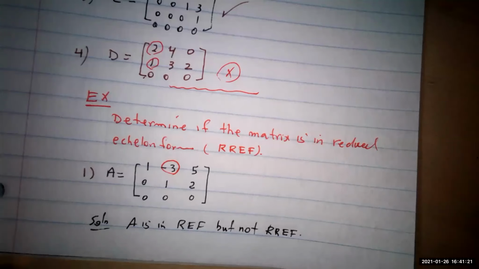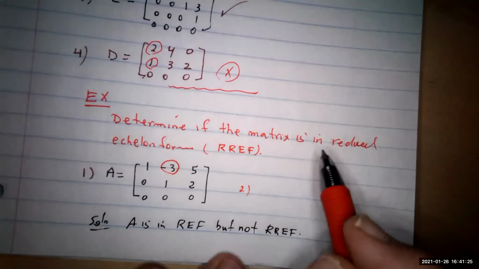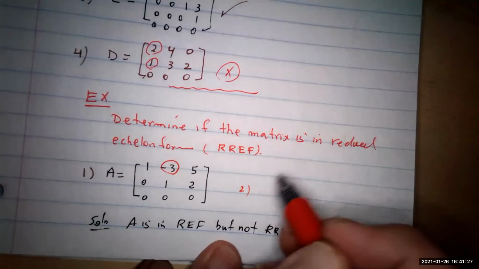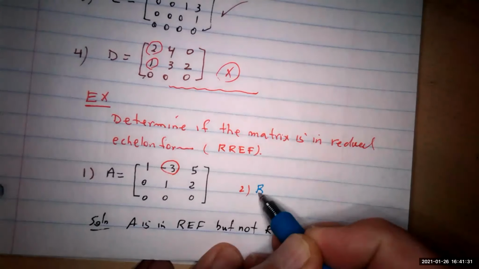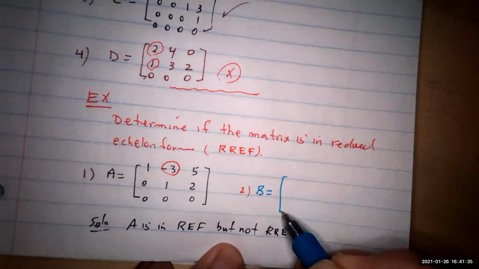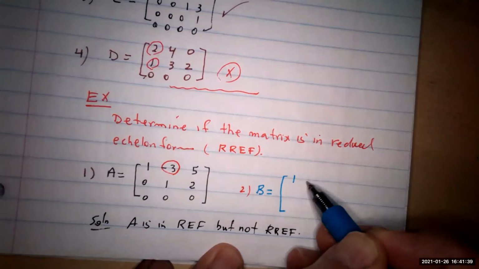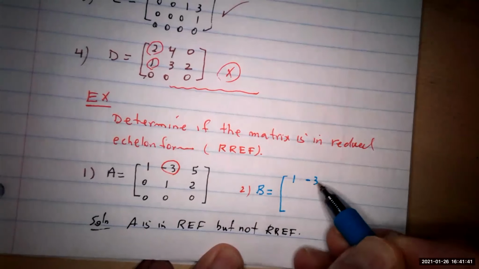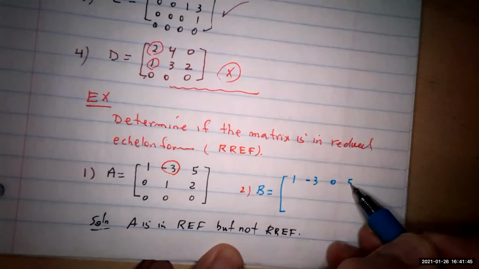To see what's going to be the next one, I write it down here. Okay, so we have everything in one place. So the next one is this matrix. B is equal to, okay, B is equal to the 1, -3, 1, -3, 0, 5, and 0.